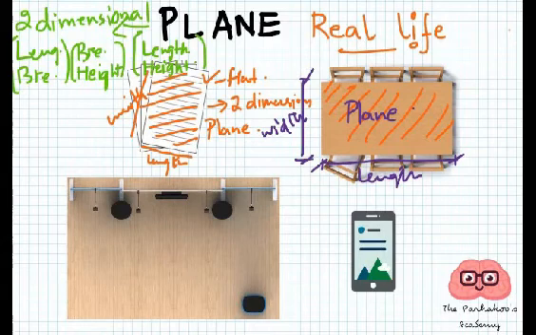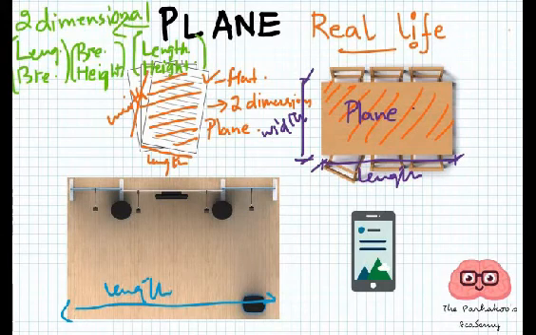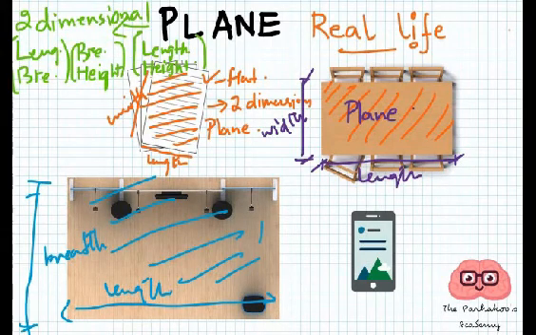If you see here in the third picture, you can see the flooring. So if you see the flooring, this is the length, this is the width or breadth. So it can be considered as a plane in geometry.